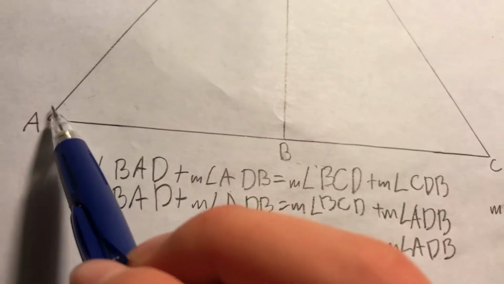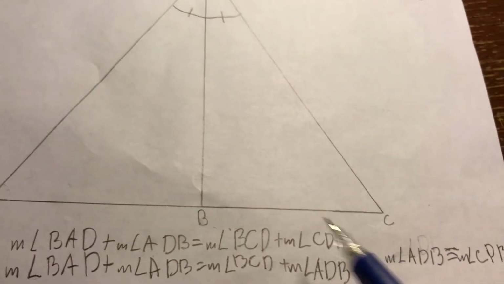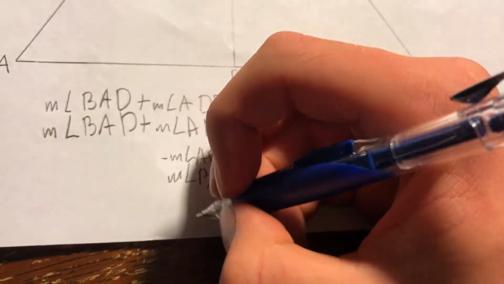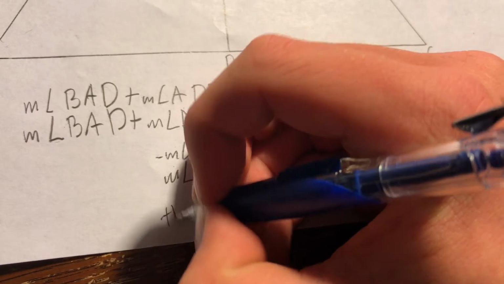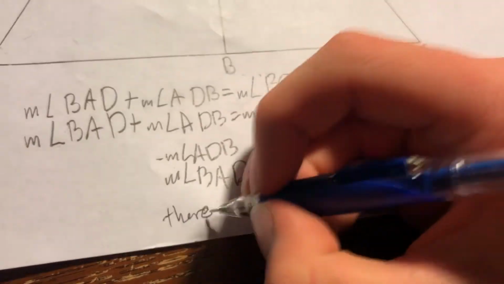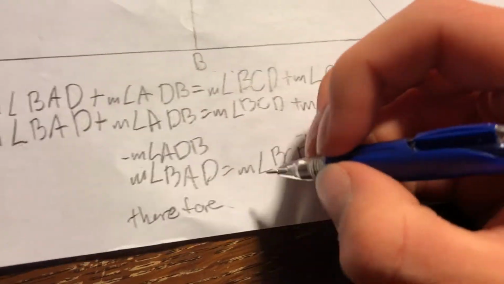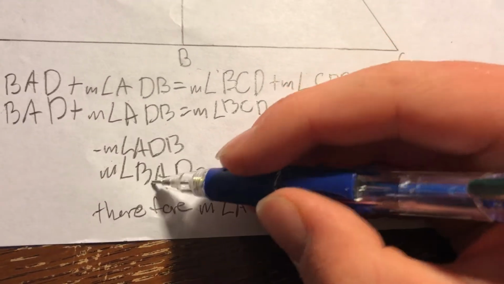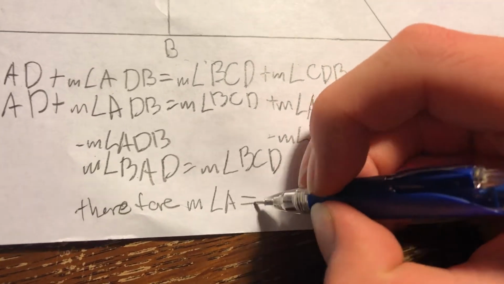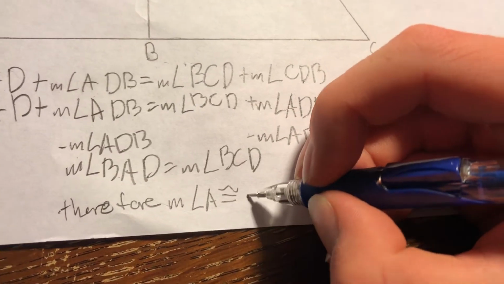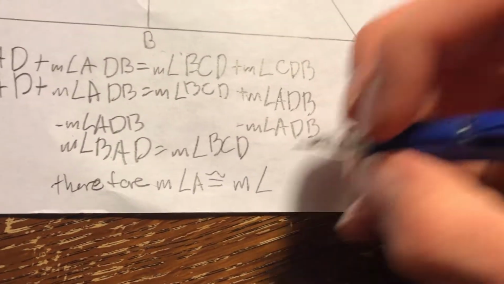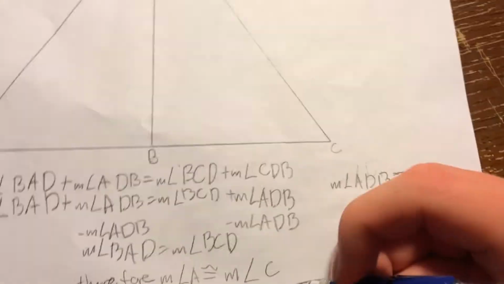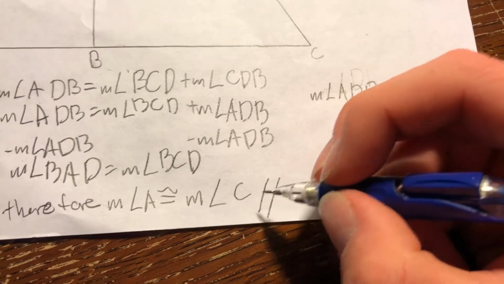We have proven that this angle measure right here, BAD, is congruent to BCD. So we can write: therefore, the measure of angle A, which is that right there, is congruent to the measure of angle C. And then we can just finish it off with two beautiful lines that look like that.